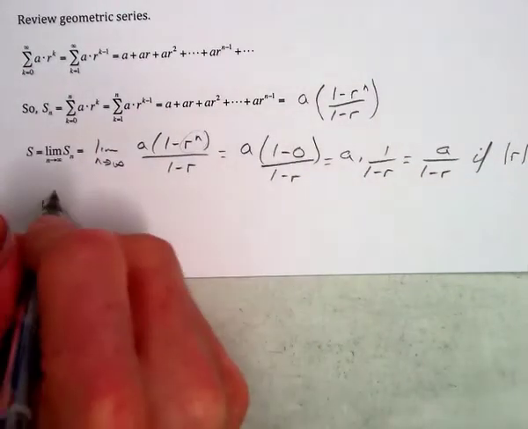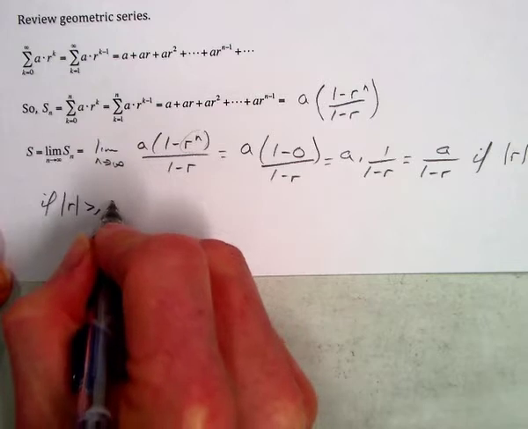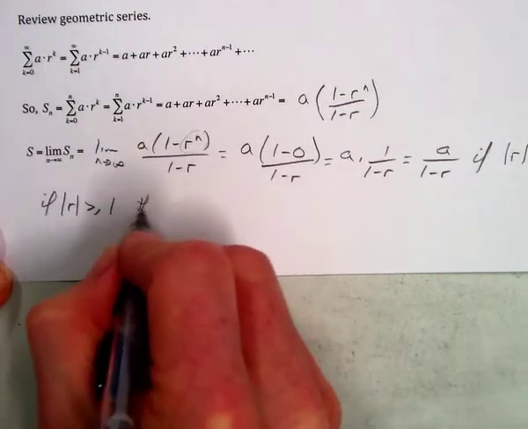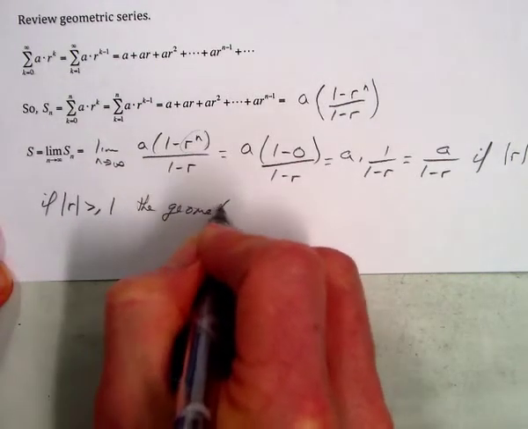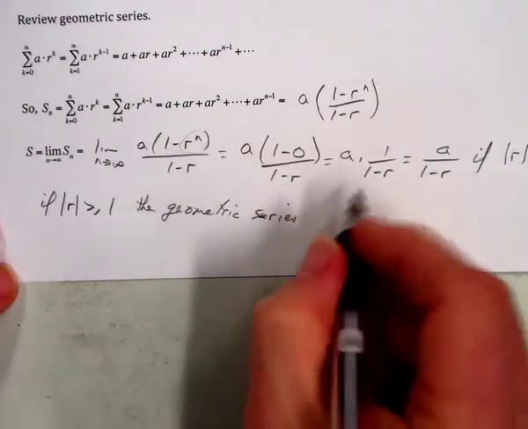Now, if you have anything else, absolute value of r is greater than or equal to 1, then the geometric series diverges.